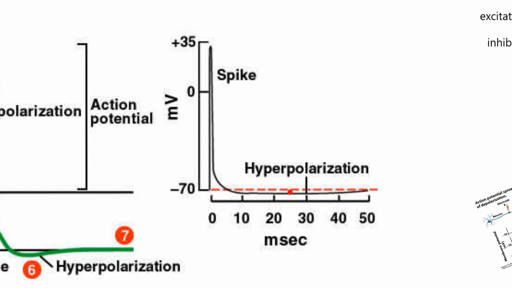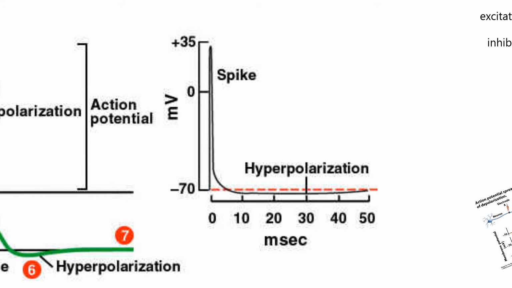Because if you're below resting, you're further away from threshold. Remember, threshold was about in here someplace. So hyperpolarization means that nerve is less likely to fire. It takes more stimulus to get a nerve impulse sent on that membrane.